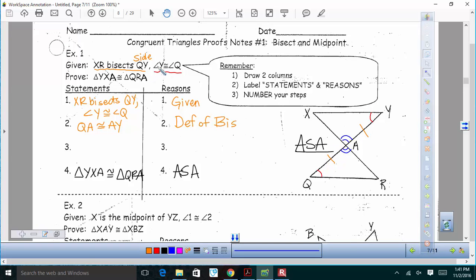Okay? Now, do you see how they tell us that angle Y is congruent to angle Q? Since it's very specific, angle Y is congruent to angle Q, nothing's implied. They tell me those two are equal. I don't have to write that step down. Yes?